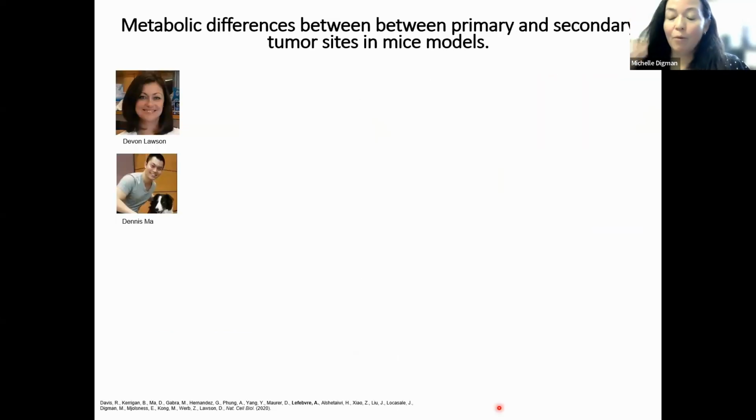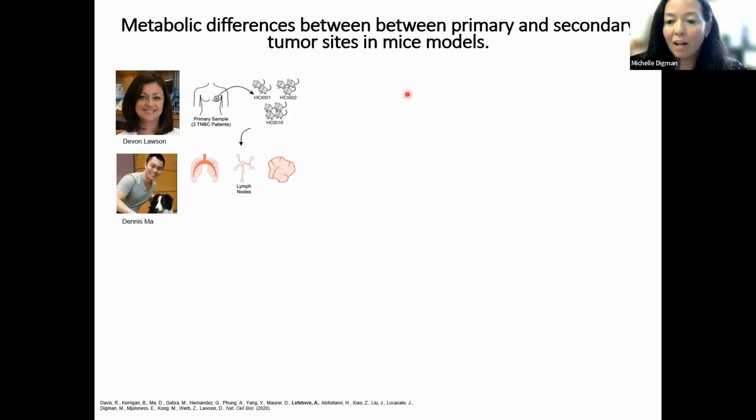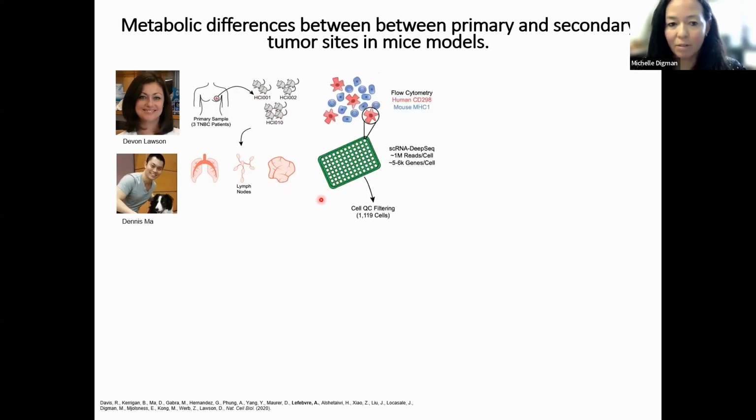And now we turned to another great collaborator. This is Devin Lawson and Dennis Ma, her postdoc here at UCI, and they work on these PDX models. So they take primary cancer cells from human patients, they put them into mice, and then these cells are allowed to metastasize to different parts of the body.